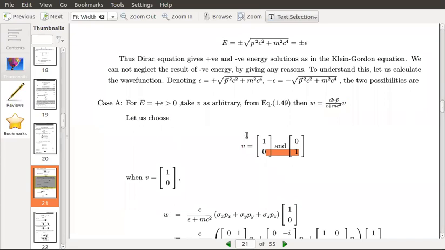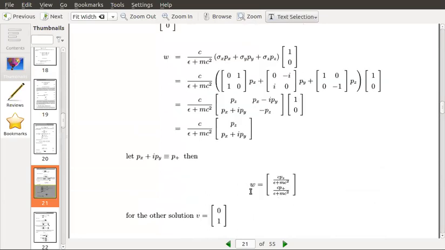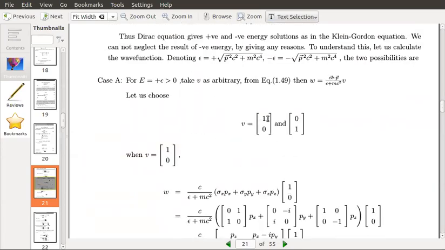So we have V and W. W we will find out by taking V as 1 0 and 0 1, two cases. So first you consider the first case, 1 0. So take V equal to 1 0.